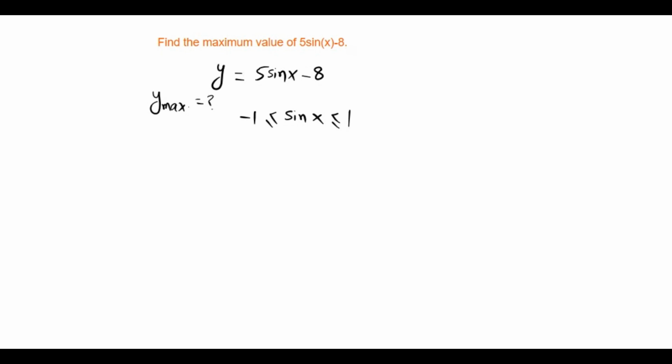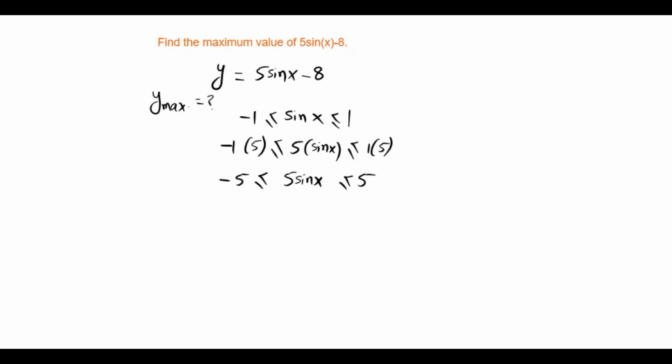So I will multiply every single side by 5. So it becomes -1 times 5 is less than or equal to 5 times sine x is less than or equal to 1 times 5. On simplification it becomes -5 less than or equal to 5 sine x less than or equal to +5.